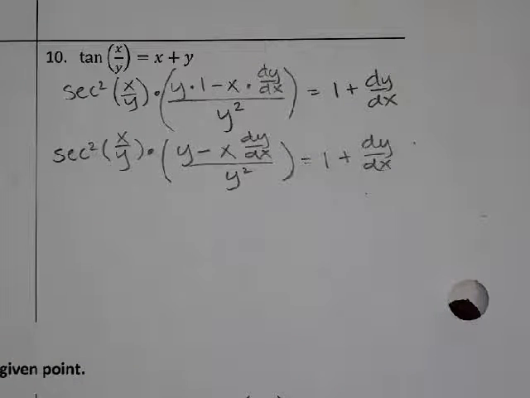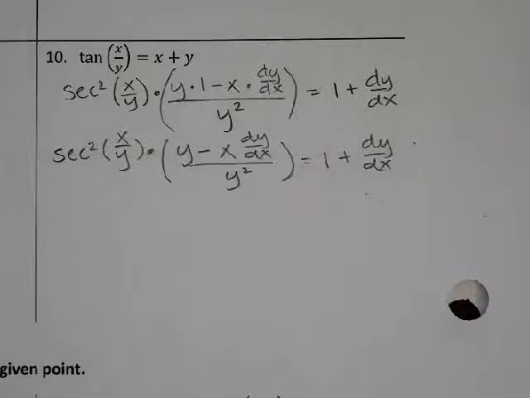Our goal at this point is to clean things up, to get rid of parentheses, and to eventually have separate terms so that we can get the dy dx's on one side. But right now we have multiplication and division happening, so we can't just add or subtract terms over. We have to do some simplifying to get rid of parentheses, to get rid of the y squared on the bottom. So what could we do to start to simplify?